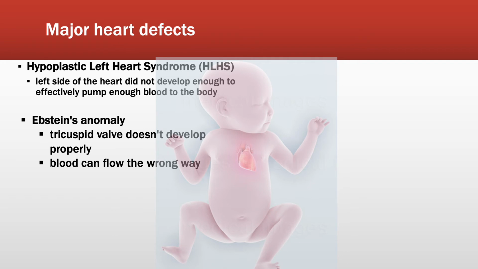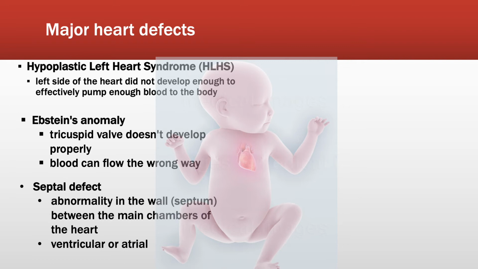Epstein's anomaly is when the tricuspid valve doesn't develop properly and blood can flow the wrong way. So even in the heart and throughout the body, you're going to notice the blood flowing improperly in this condition. A septal deficit is an abnormality in the wall, known as the septum of the heart, between the main chambers, and this can happen on either the ventricular or the atrial side.